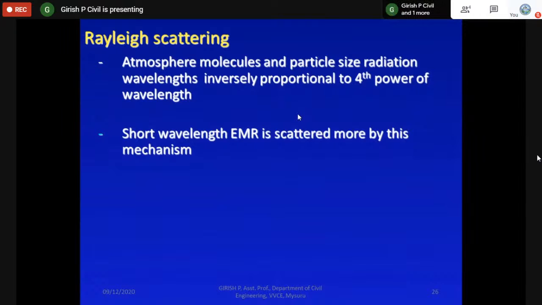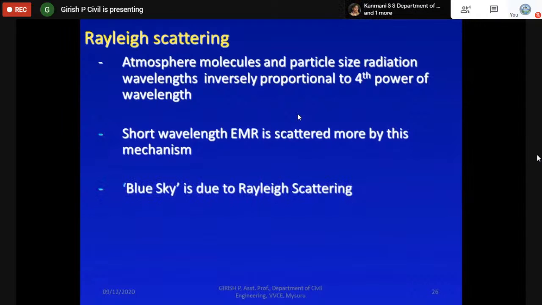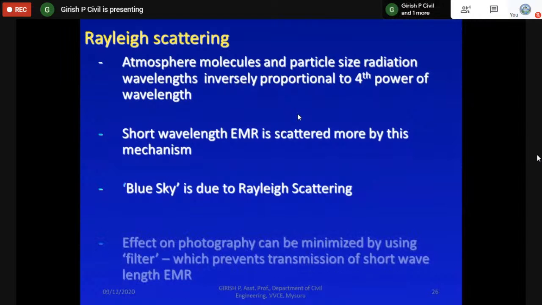So the color of the sky looks blue because the short wavelength radiation is scattered by Rayleigh scattering.